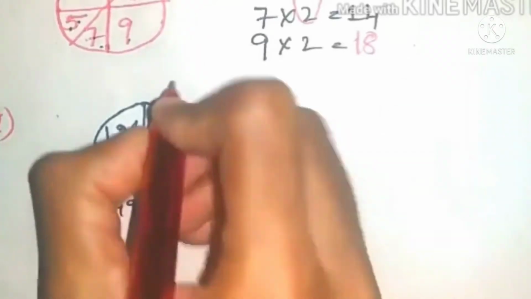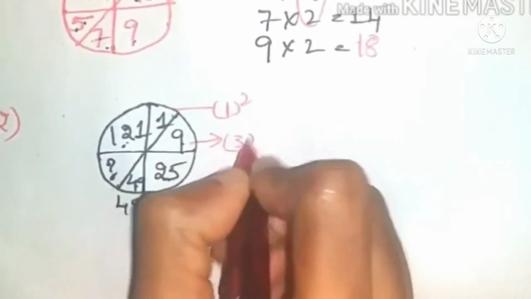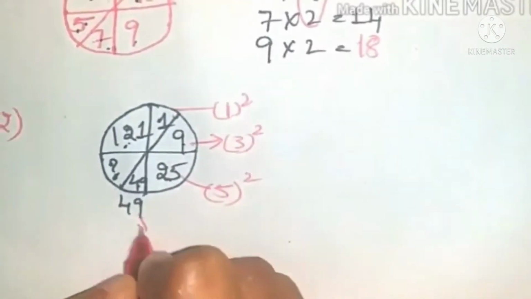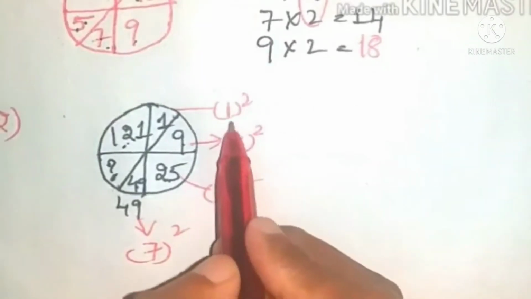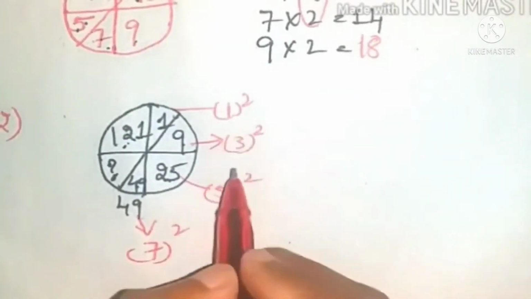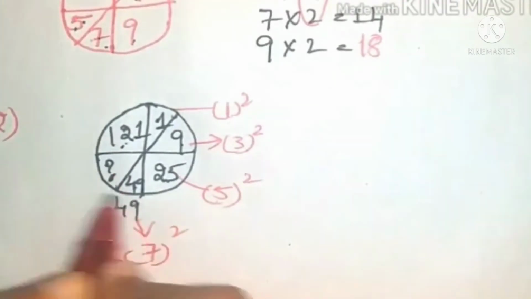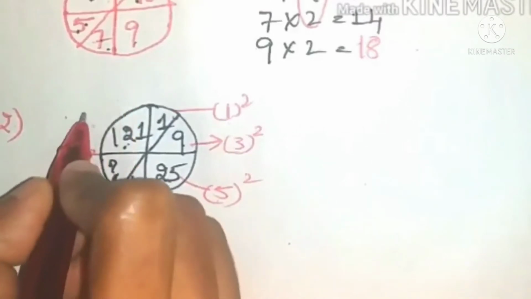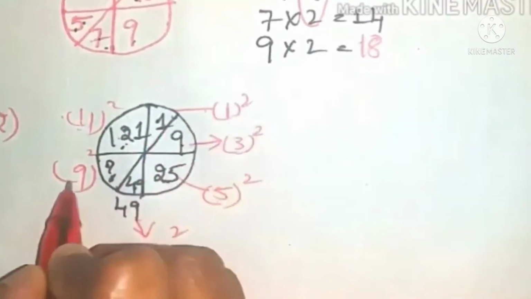So this is 1 square, this is 3 square, this is 5 square, this is 7 square. So the common thing what you have to observe, these are the odd numbers, that is 1, 3, 5, 7. Next odd number, what is that? 9. And here 11. 11 square is 121. 1 square is 1. So what is our answer?